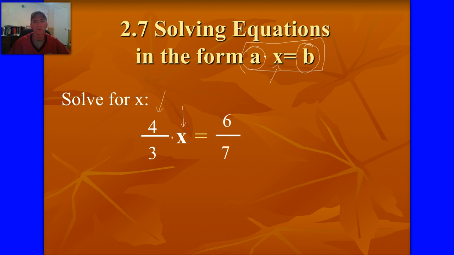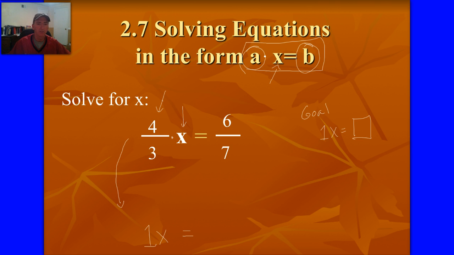Okay, so recall from earlier that the goal was to always get 1x equals something. Okay, so my goal is to turn this into 1x equals something. Now we talked a little bit about solving earlier. That's always the game. How can I get 1x all by itself on one side of this equal sign?